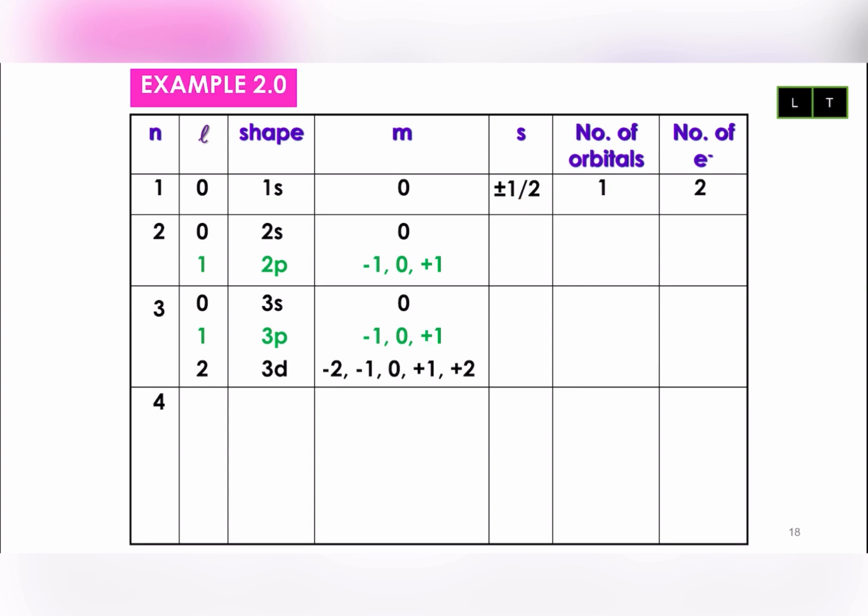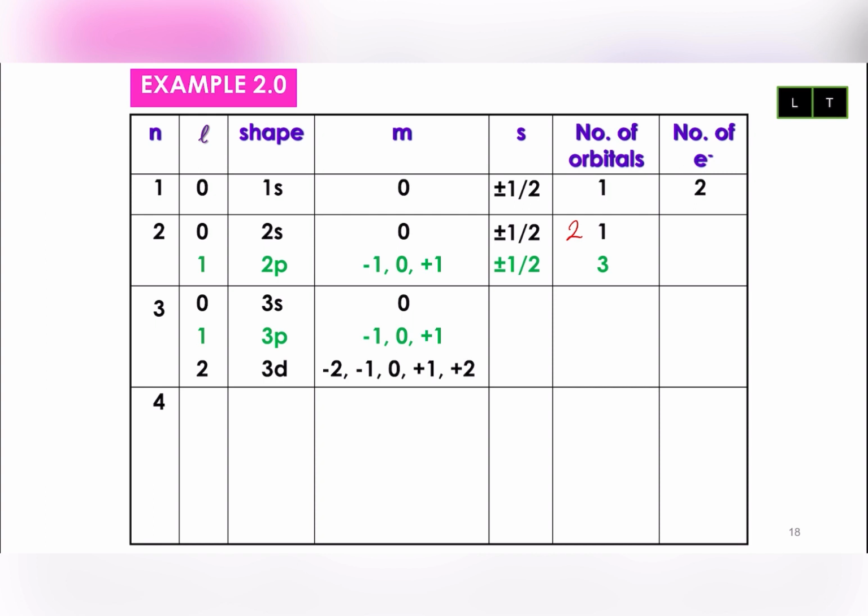Next, the same spin applies to each of the subshells. You have one orientation only for 2s, so the number of orbitals is 1, but you have 3 for 2p. Now, to determine the number of electrons, I'm going to use 2 times one orientation, so you have 2.